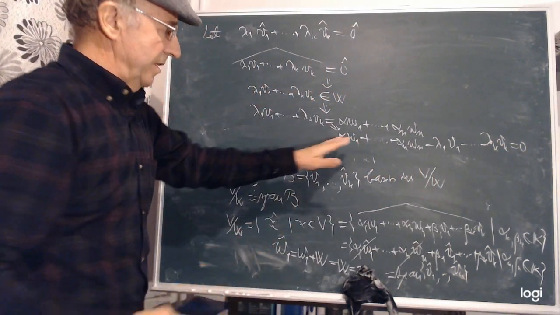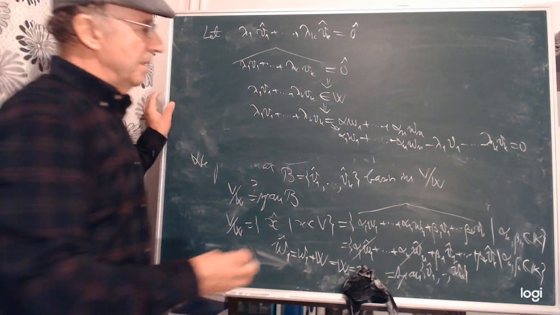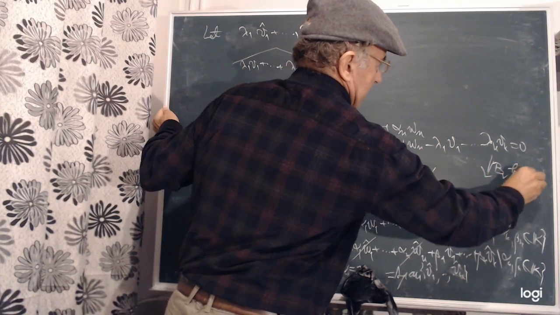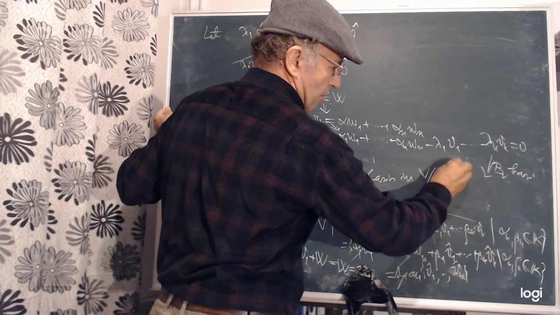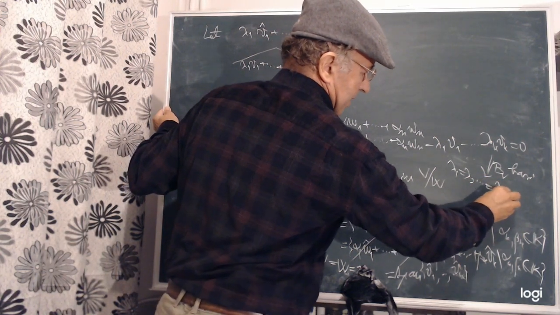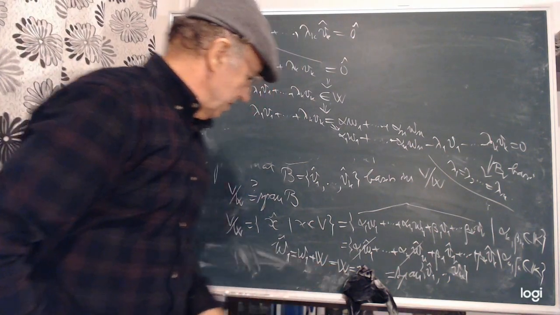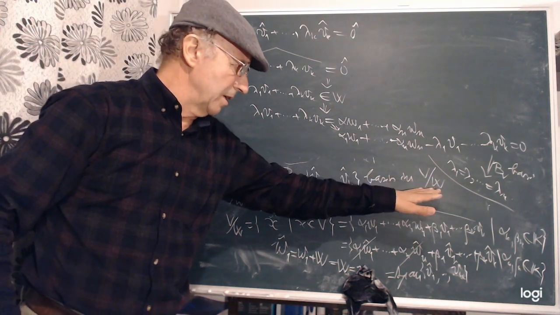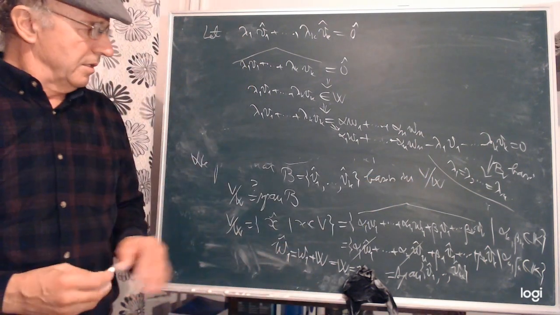But the vectors from this relation form a basis in V. We get that all the coefficients must be 0, particularly lambda 1 equals lambda 2 equals and so on equals lambda k equals 0. So these are linearly independent, and this is a basis in our space.